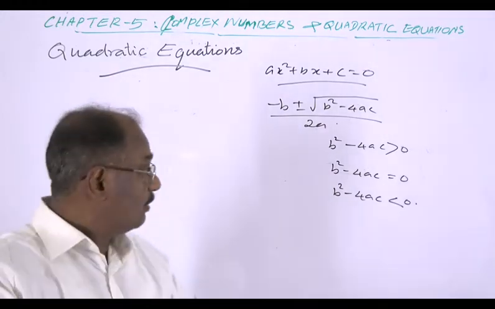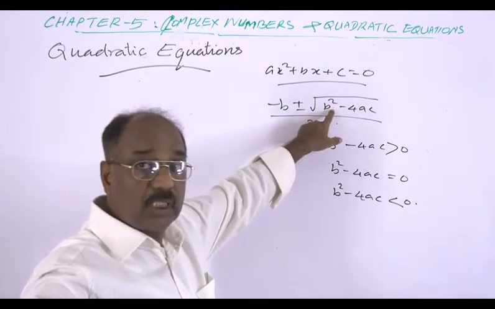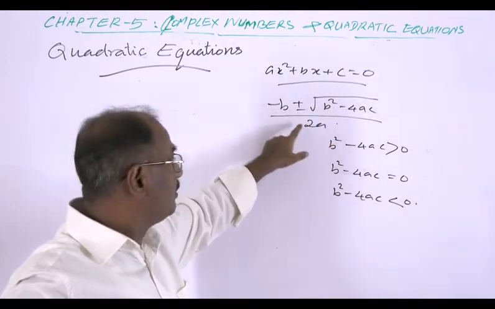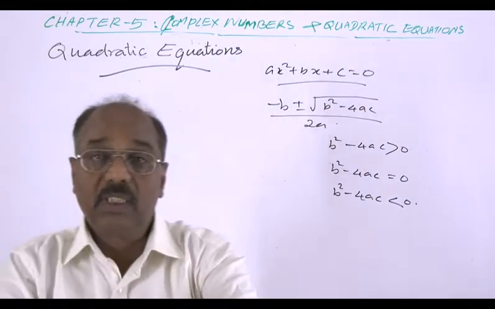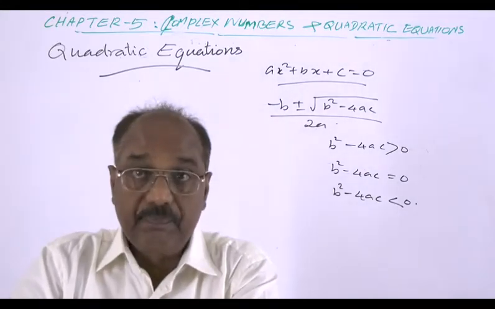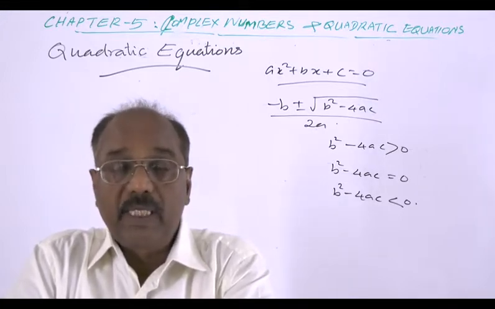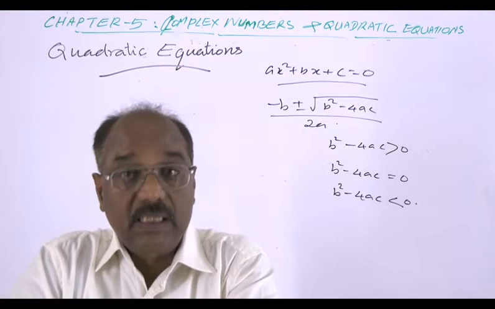And if b squared minus 4ac equal to 0, then we will be having two equal roots, which are minus b by 2a, two equal roots for the quadratic equation. And the third case is when b squared minus 4ac, the discriminant, is less than 0.